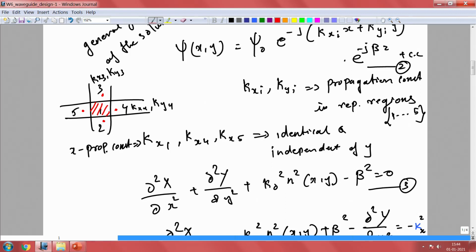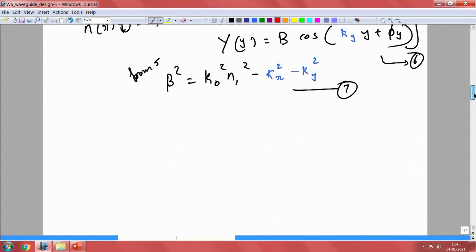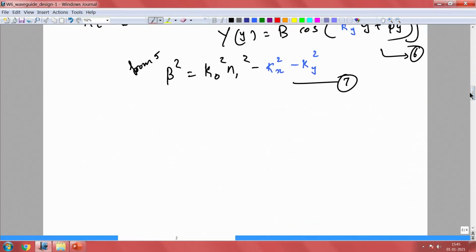So, the required condition here is, so let me write that.